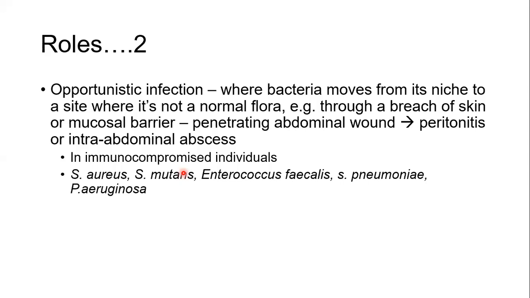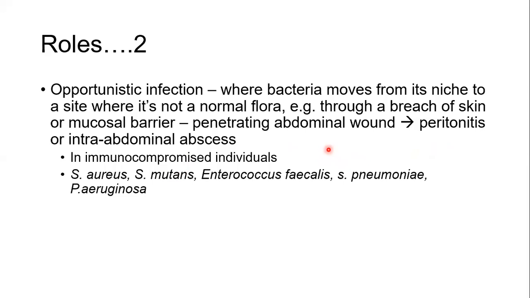For example, if someone stabs a person in the stomach, and they penetrate the intestines, then the bacteria that are found normally in the intestines will move into the peritoneum. And once they are there, they're in the wrong place, and therefore they have the potential to cause disease. So that would cause peritonitis or intra-abdominal abscesses.